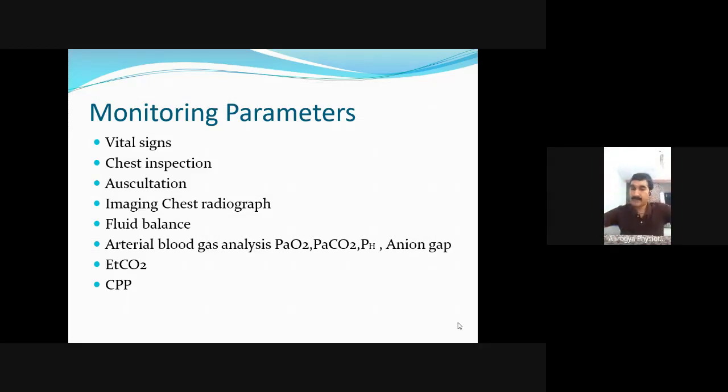Say, for example, the patient has a tachycardia. In any event of an acute MI, there will be a tachycardia. In a drug reaction, if the patient has fever, also if the patient is stressed out, if the patient is anxious, if the patient's work of breathing is more, then also the patient will be tachycardic. So you need to assess the reason for that.